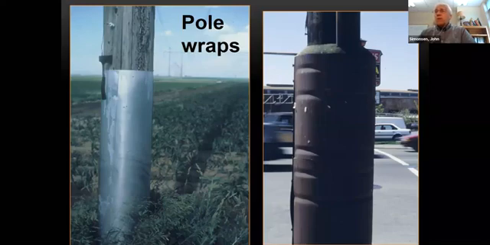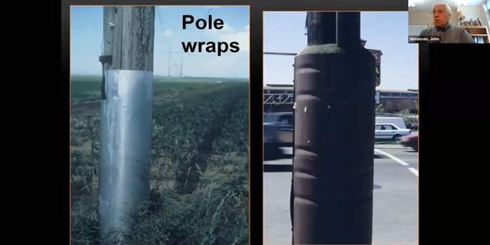Utility companies have some guidelines for when they think the pole might be reaching the end of its service life. They will apply one of these wraps. They dig a hole around the pole, apply the wrap, and then fill the hole back up. This will extend the service life of the pole, and it's much cheaper than putting in a new pole.